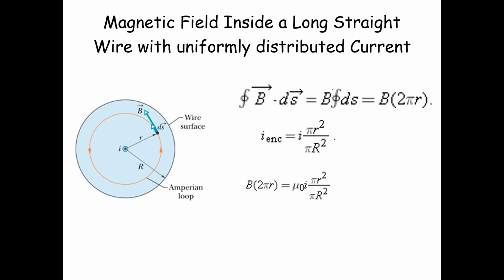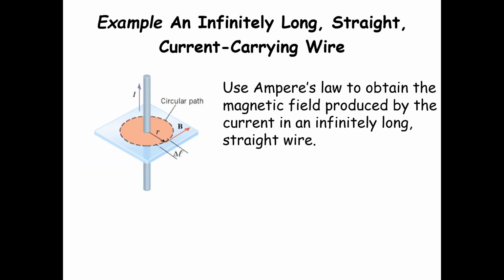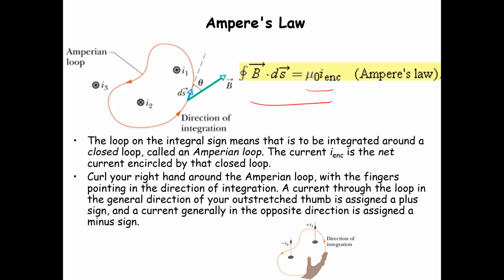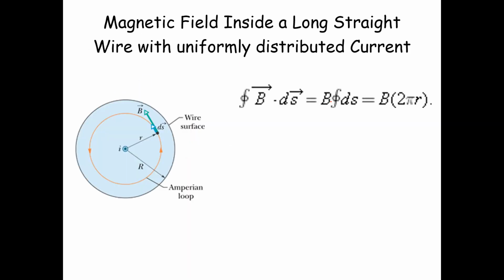To calculate the magnetic field in this wire, we use the equation from Ampere's law: closed integral B ds is equal to B closed integral ds is equal to B 2 pi r, and I enclosed is I pi small r squared per pi big R squared, because of this. This is the current here, the current in yellow, orange.